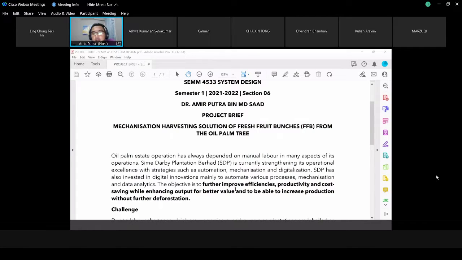The second thing is productivity and cost saving, while enhancing output for better value and to be able to increase production without further deforestation. All right. So this is, I think, the practical, real industrial project that needs a solution from you.